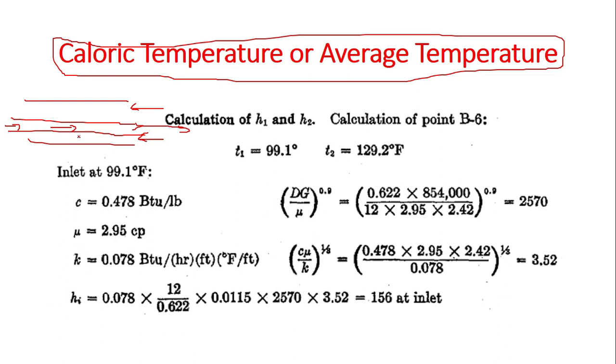Consider the cold fluid entering the annulus region, or the outer pipe. The inlet temperature of the cold fluid is 99.1 degrees Fahrenheit, and the outlet temperature of the cold fluid would be 129.2 degrees Fahrenheit.